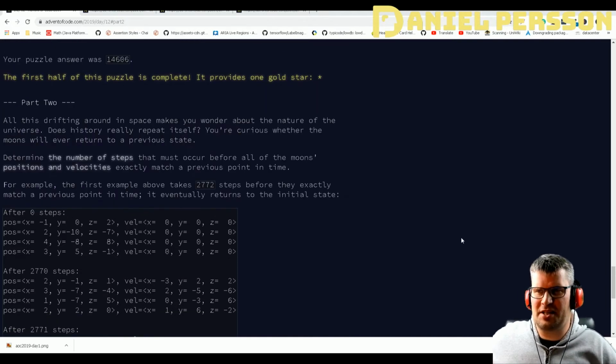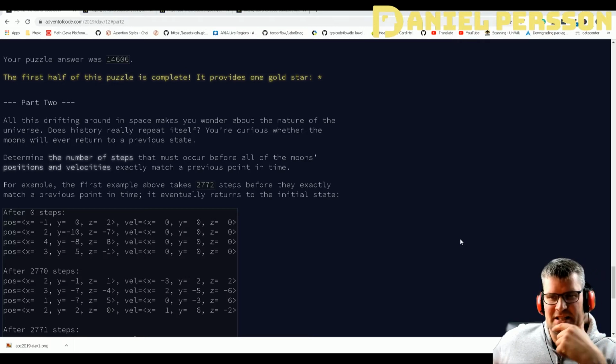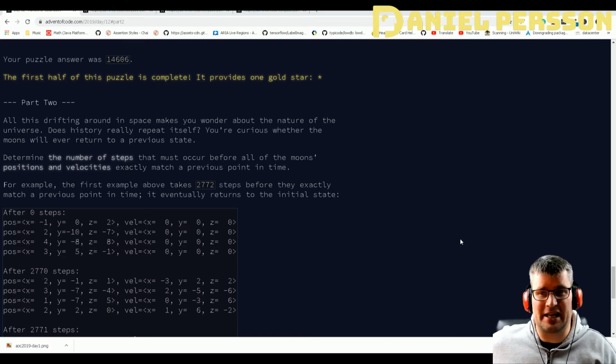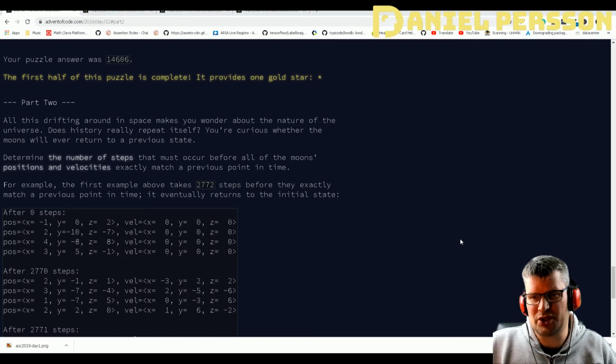Yeah, so the second part here was a little bit more interesting. You actually need to do all these calculations until all the moons are in the same position as where they started.